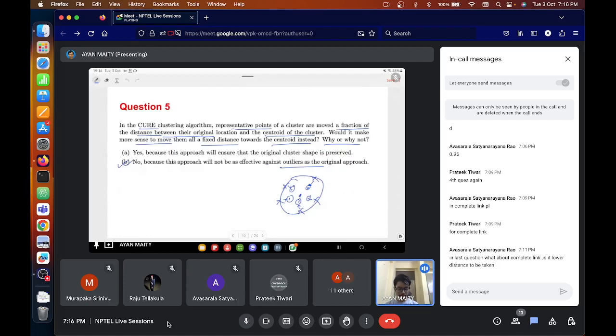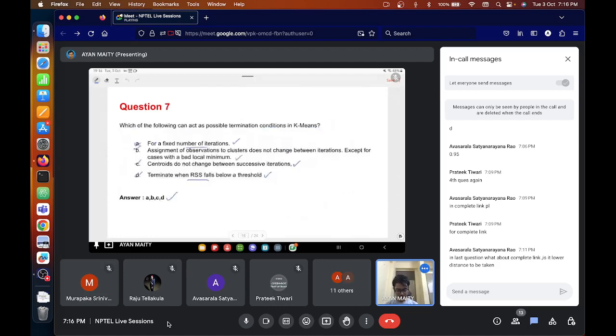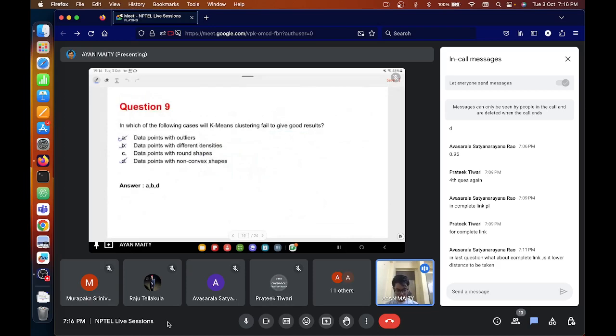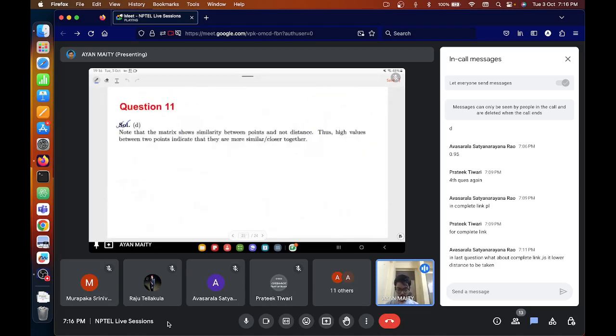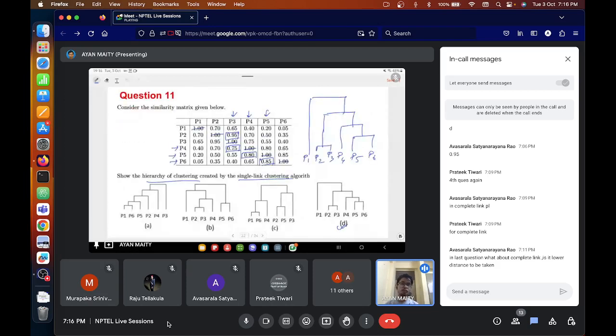But in case of complete link, for every pair of clusters, we have to find out the complete link distance, which is the similarity between the two most dissimilar points.